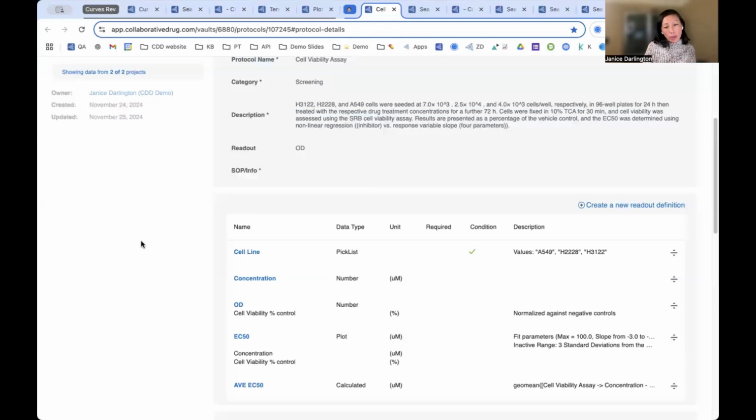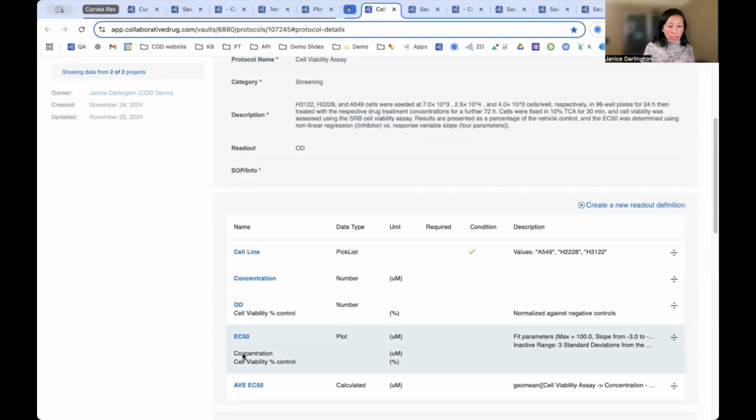Now let's take a look at my traditional 4-parameter logistical curve fit dose response assay that comes by way of a cell viability assay. Here I've got cell line set as a condition. I have concentration and OD, so numerical values that I'm going to load into the system that will now feed into my EC50 calculation.